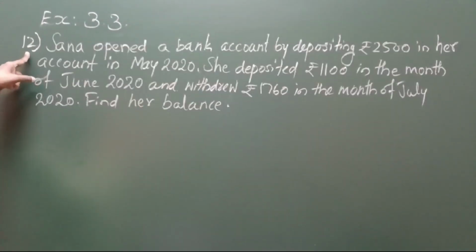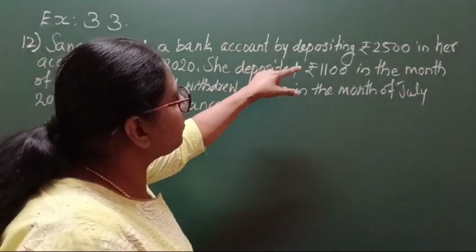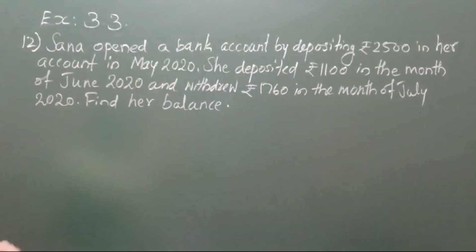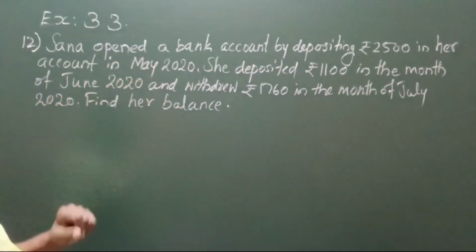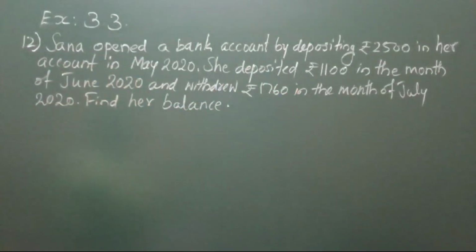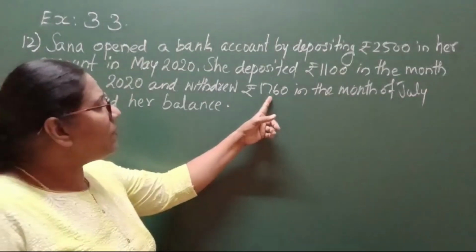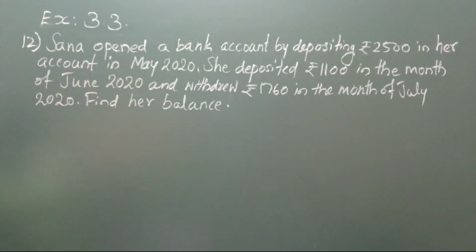Question number 12. Sana opened a bank account by depositing 2,500 rupees in her account in May 2020. She deposited 1,100 rupees in the month of June 2020 and withdrew 1,760 rupees in the month of July 2020.